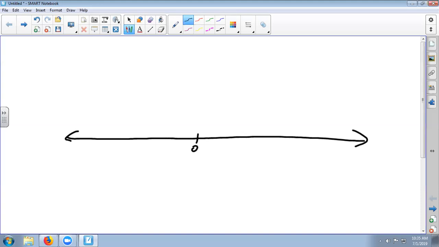Numbers going to the right are positive numbers, and they go forever. From the 0 going left are negative numbers, and they go also forever. Right? Okay.